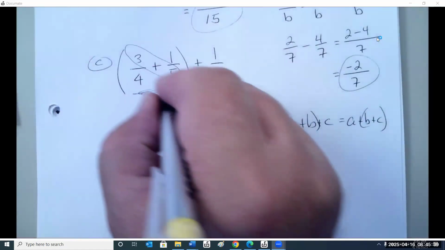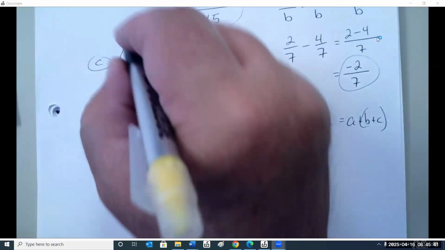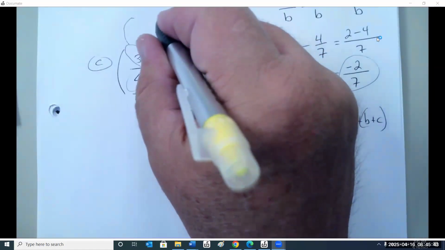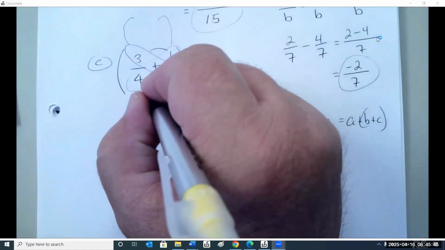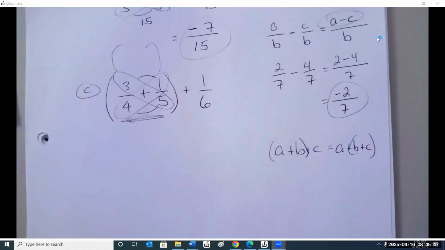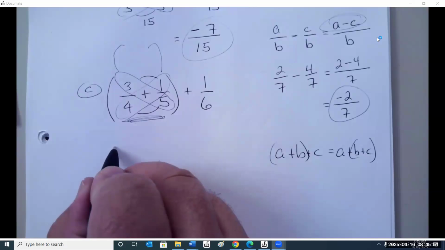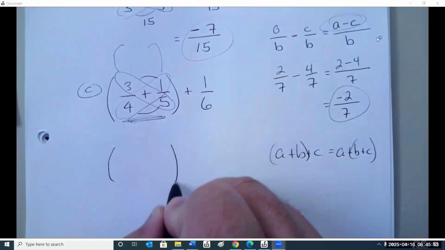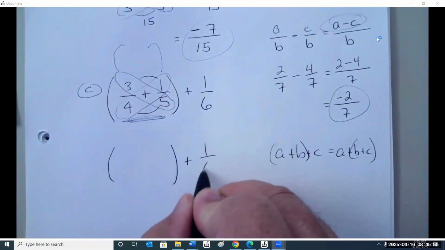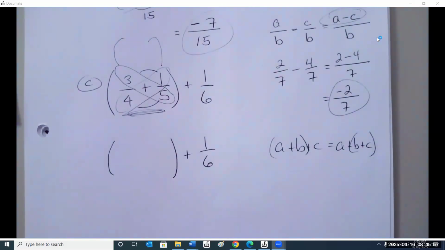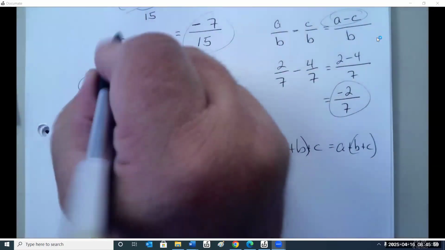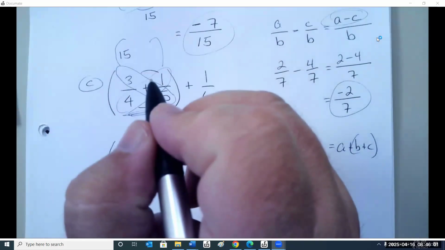So we have this butterfly. 3 times 5 is 15.